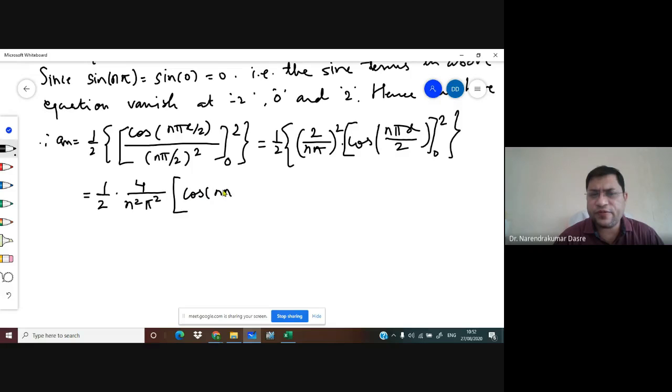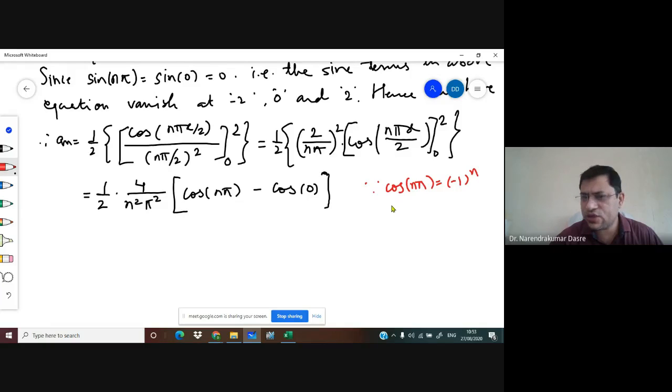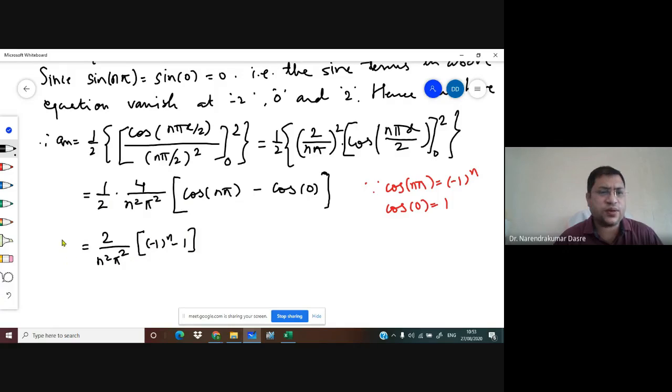So I'll be having cos of n pi minus cos of 0. So if I put 2, then this 2 will get cancelled, and then I'll be having cos of n pi minus cos of 0. So what we know is, the value of cos of n pi is equal to minus 1 raised to n, cos of 0 is equal to 1. Here this 2 will get cancelled, so 2 upon n square pi square, and here I'll be having minus 1 raised to n minus 1.